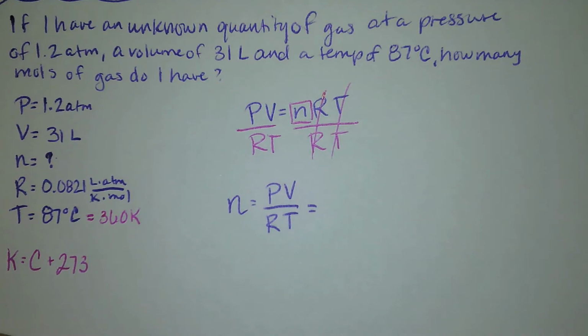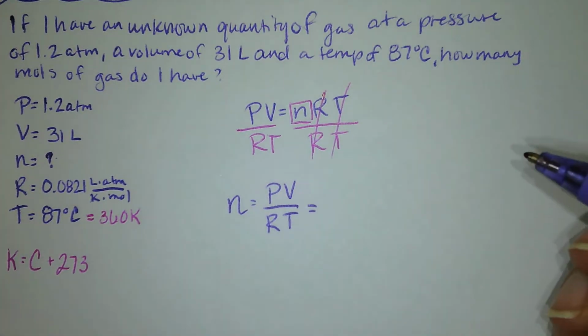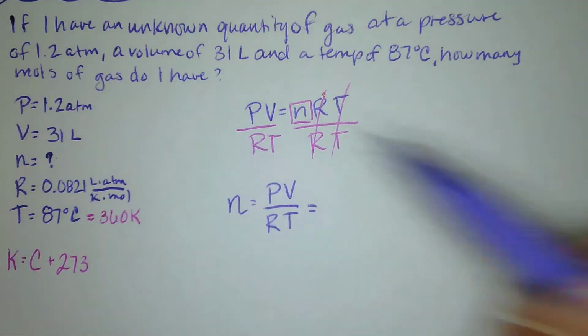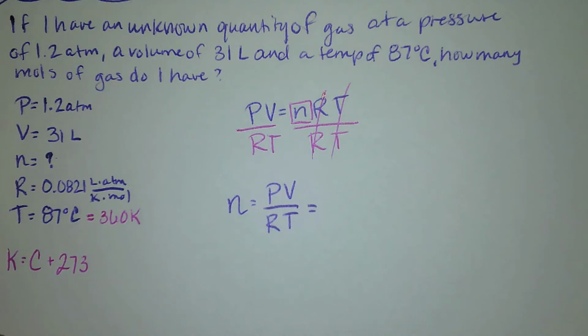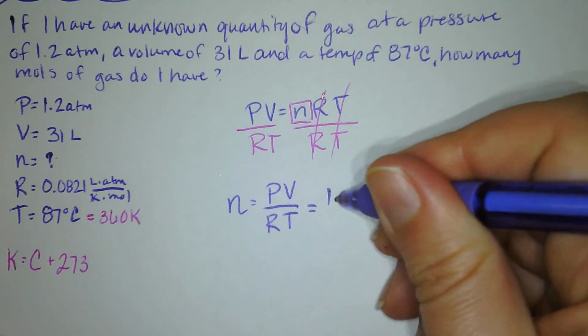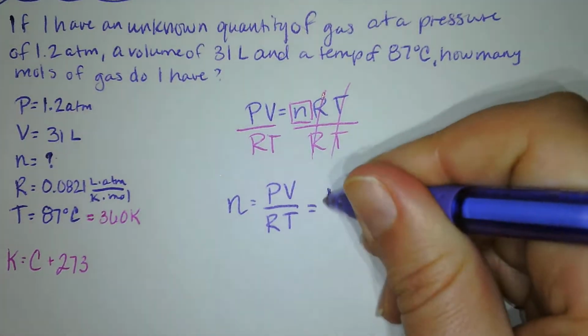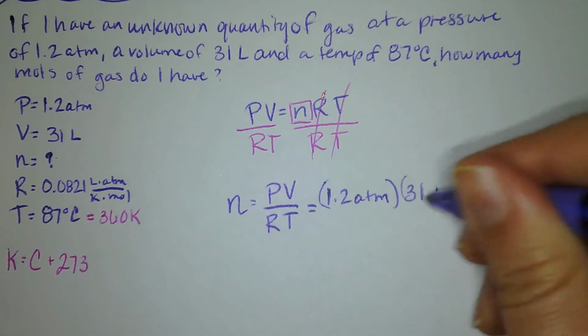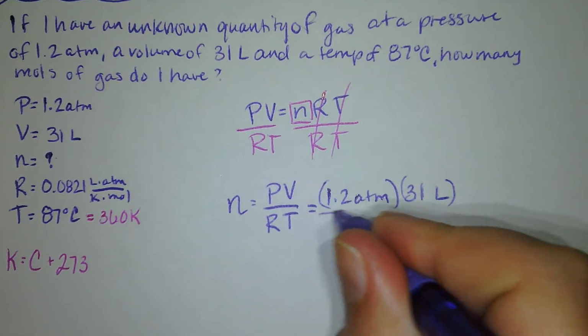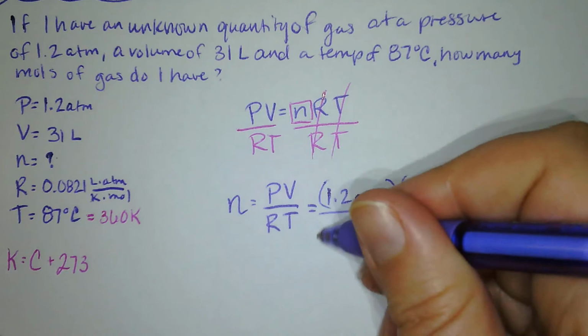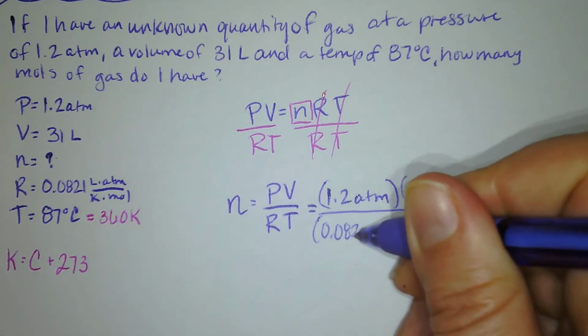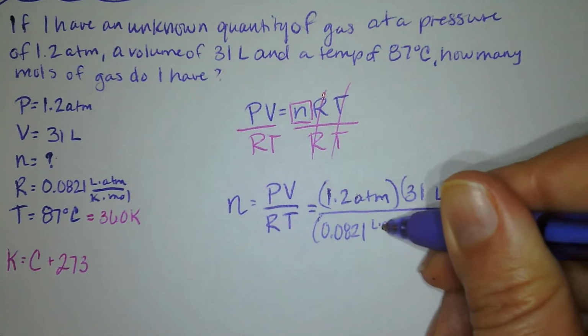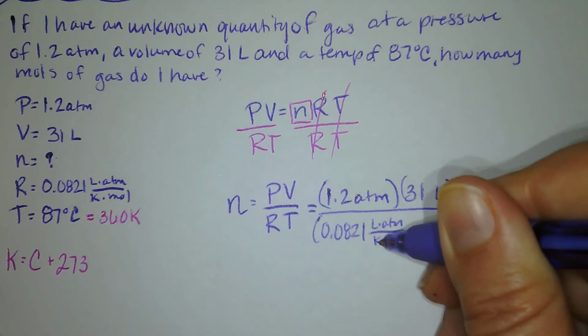And all we do is plug in our values now. So we have pressure is 1.2 atmospheres. Volume is 31 liters. Divided by R, which is 0.0821 liters atmospheres over Kelvin moles.